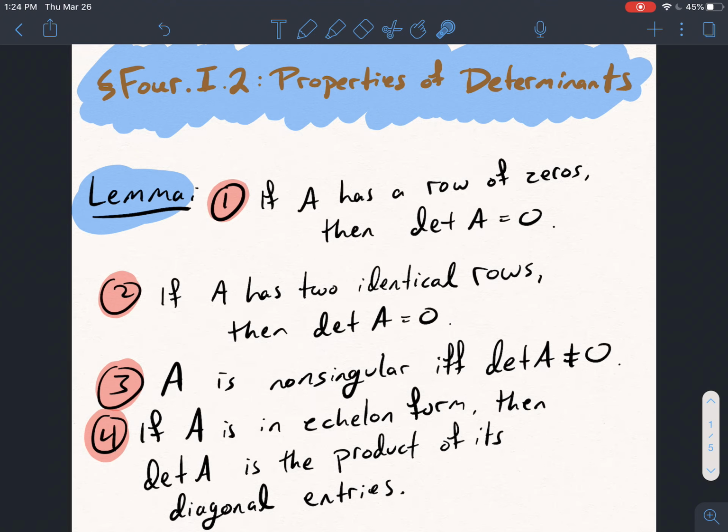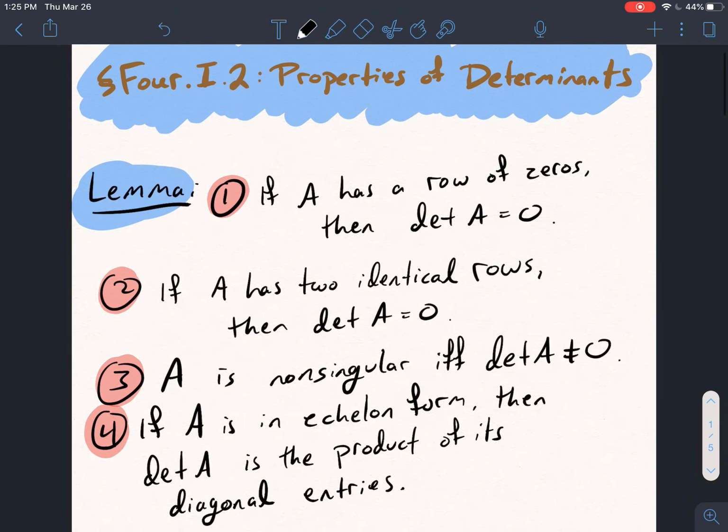So that tells us that the only thing we really have to do is check how many times we swapped rows in those row operations to get to the echelon form matrix to figure out what the sign of the determinant is equal to. I'll talk more about this later at the end in a specific example, but have it in your mind that this is a really useful tool, especially for computers. This is actually how computers compute determinants a lot of times. It's very computationally efficient.